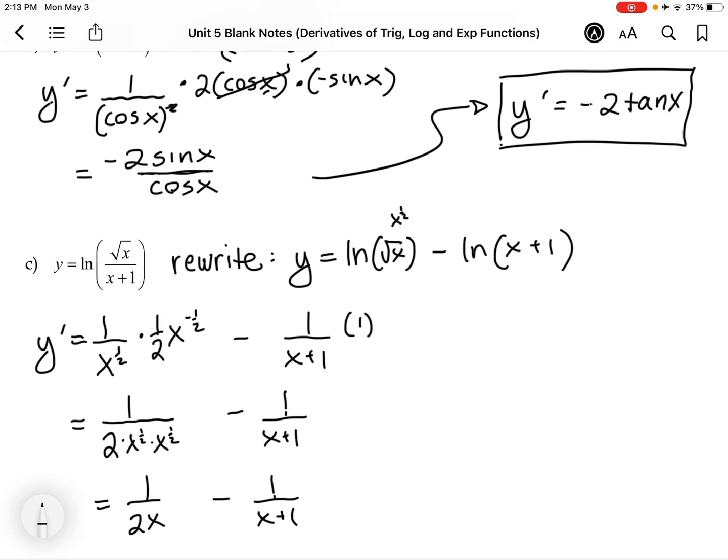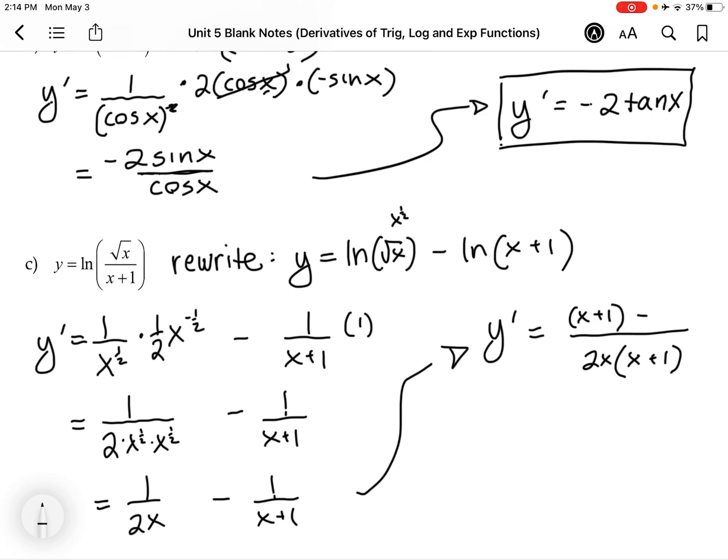Okay, now we can write that as a single expression, right? We can subtract those two expressions with a common denominator. So we're going to get y prime, and that common denominator is 2x times x plus 1. And the first one we need to multiply by x plus 1, so that's going to be x plus 1.